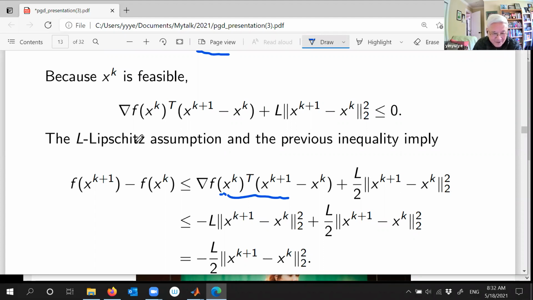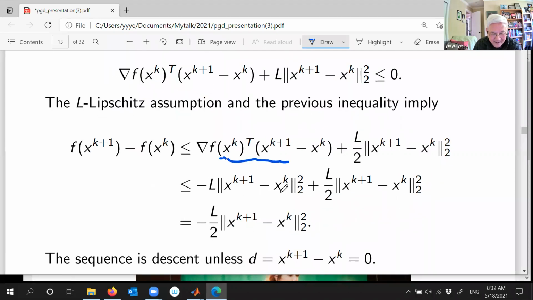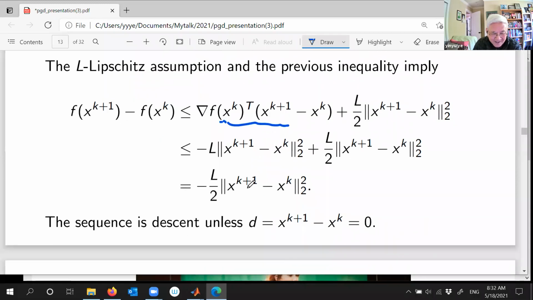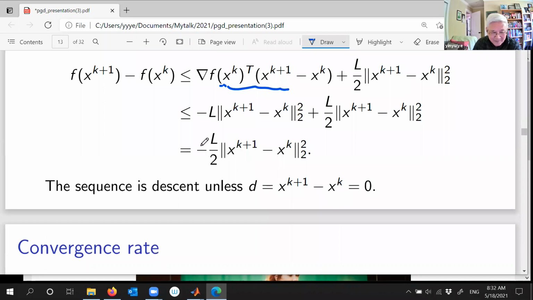However, because I solve this problem, this is less than negative L. Then you can prove that as long as xk plus 1 is not equal to xk, this will be strictly decreasing, unless xk plus 1 minus xk equals 0, which means you take a steepest descent step, you project back, and you still project back to the same point you started with. So that's the small trick.